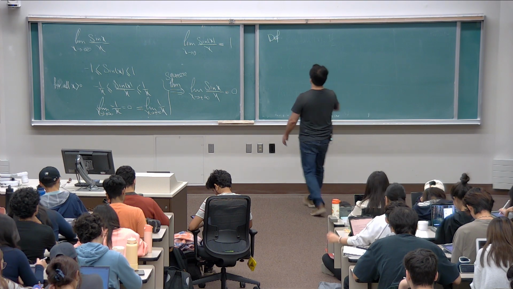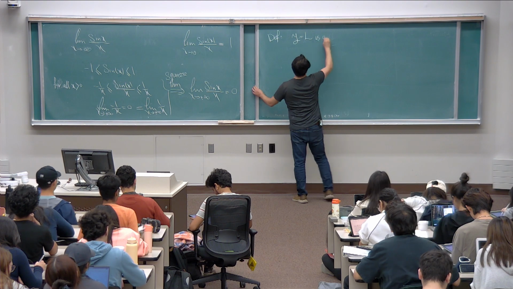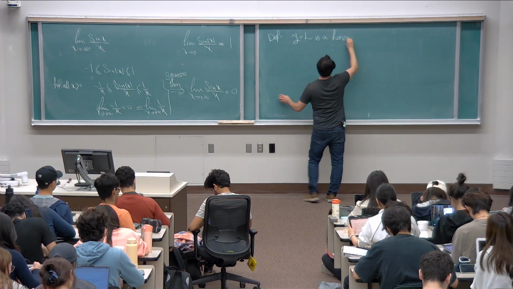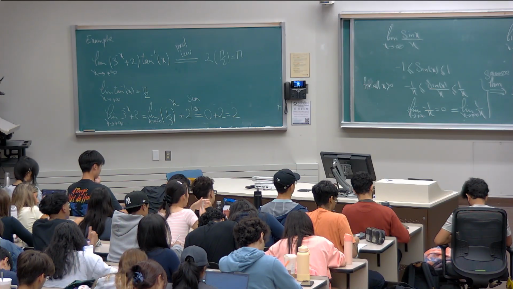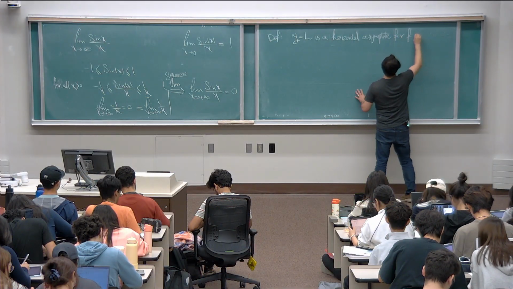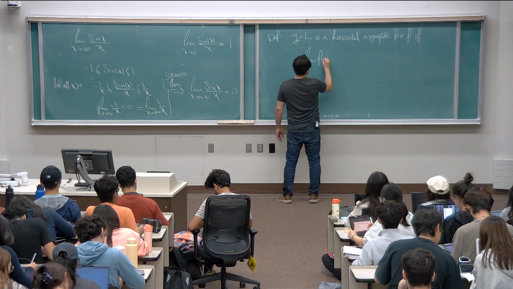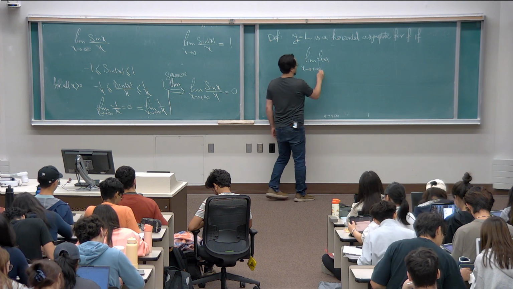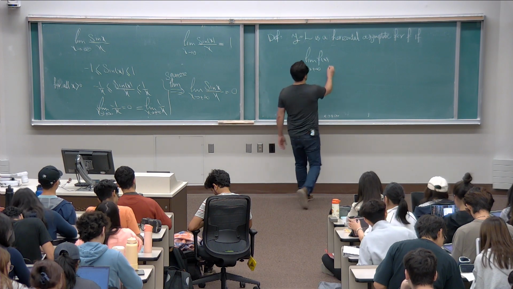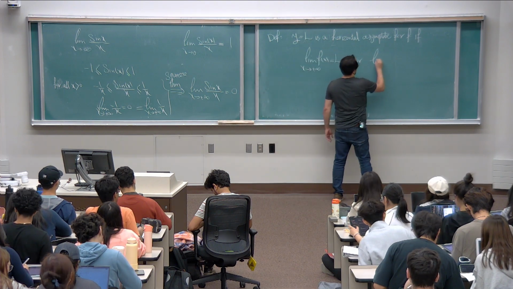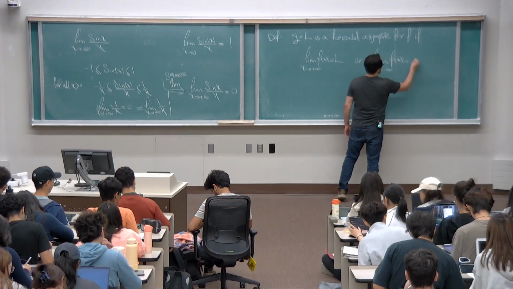We say the horizontal line y equal to L is a horizontal asymptote for f if either, as x approaches plus infinity, that function gives you L, or when x approaches negative infinity, it gives you L.